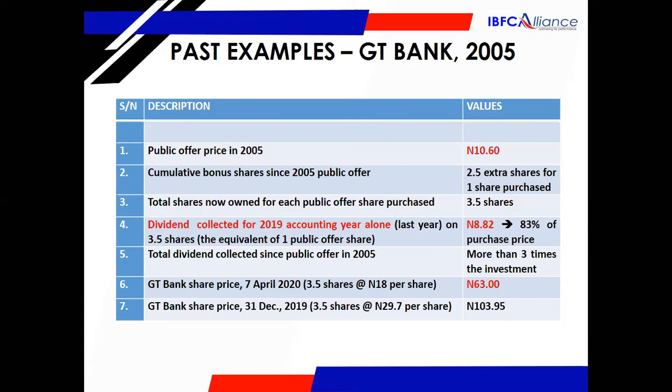So for the shareholders to get a sense of getting something extra, it's like converting that dividend to bonus shares. There are some companies where you actually have a choice as to whether you want to collect your dividend in cash or in shares. One company that has been doing that in the last few years is Stanbic IBTC Holdings. In the last 2 or 3 years, every single investor had a choice between collecting the money in shares or in dividend.